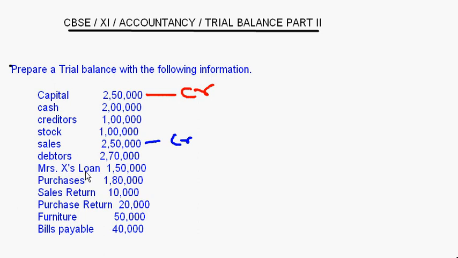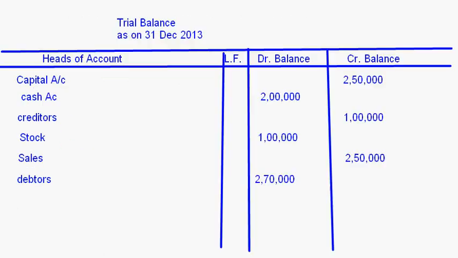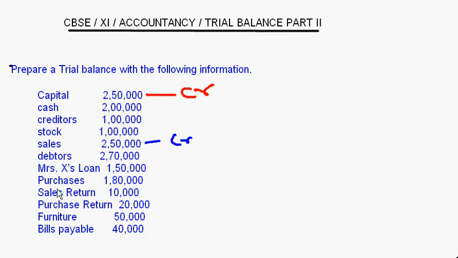Then after that comes Mrs. X loan, which is a liability, right? 1,50,000. X loan account, 1,50,000, right? Purchases account has got a debit balance. Sales has got a credit balance.